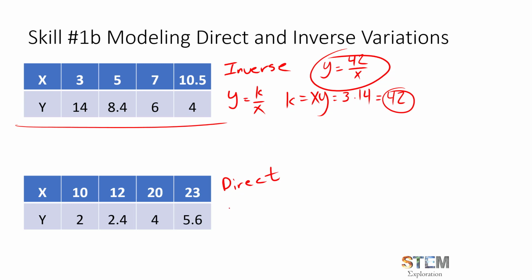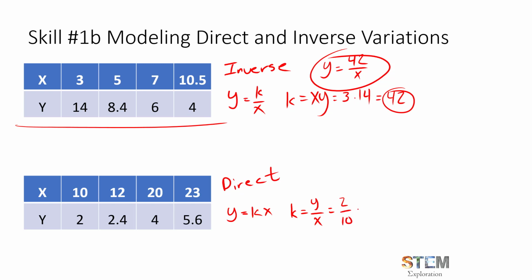Direct variations are the same thing, but remember that if you're told something is direct, it's y is equal to kx. So the constant of direct variation is k is equal to y all over x. In this case, you'll have 2 all over 10, and so on.